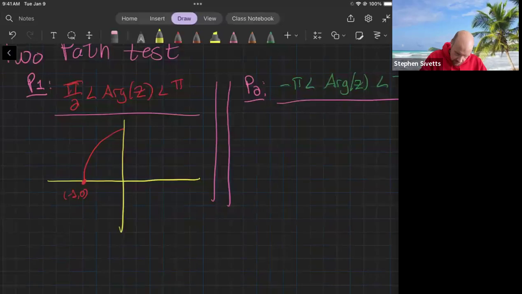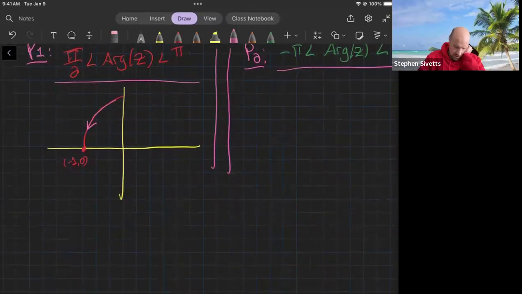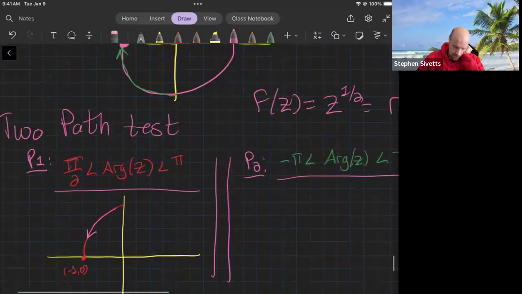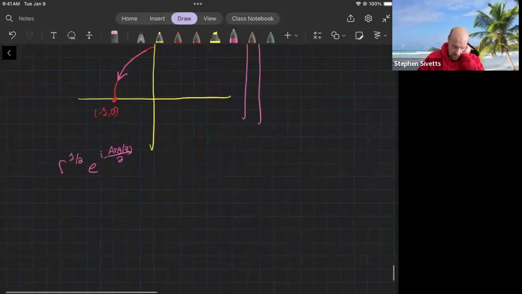So we're going to approach along this path down here, right? So we'll have r to the 1/2 e to the i times the argument of z over 2.